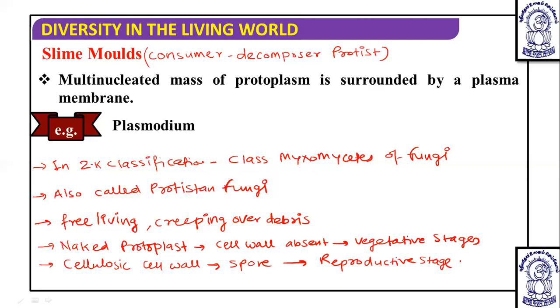So in the reproductive stages, cell wall is present. And apart from this, there is a formation of fruiting body, and this presence of fruiting body is a fungal like character.